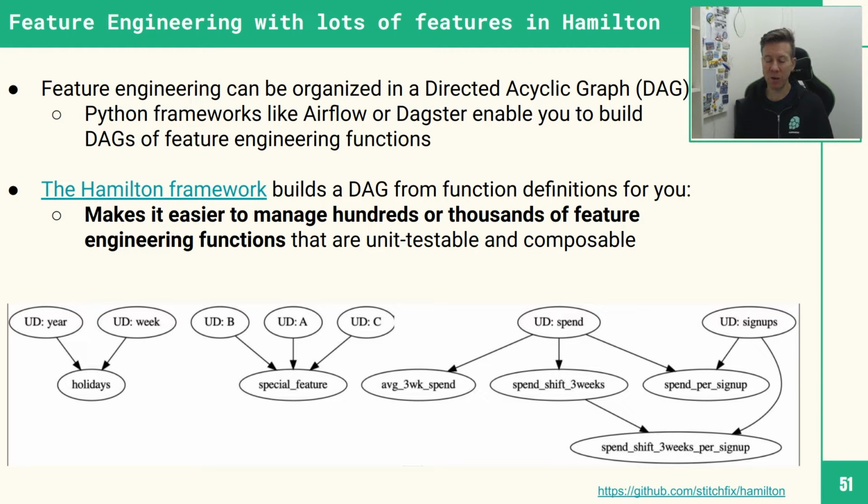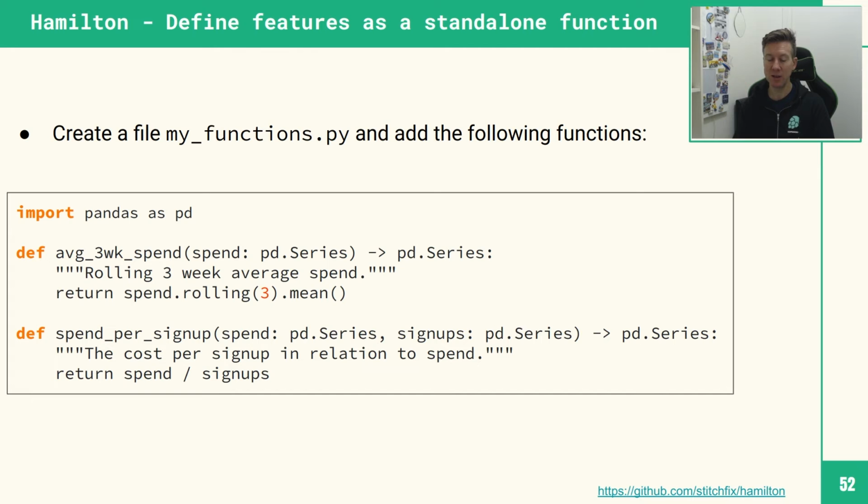And I'll give you an idea of one example of why that is. So imagine you have lots and lots of features in your system, and Stitch Fix say they have some systems with thousands of features in a single data frame, where you're going to have many data scientists working on that code. So you can say, okay, a new data scientist comes in, who's going to compute 2 new features, average 3 week spend and spend per sign up.